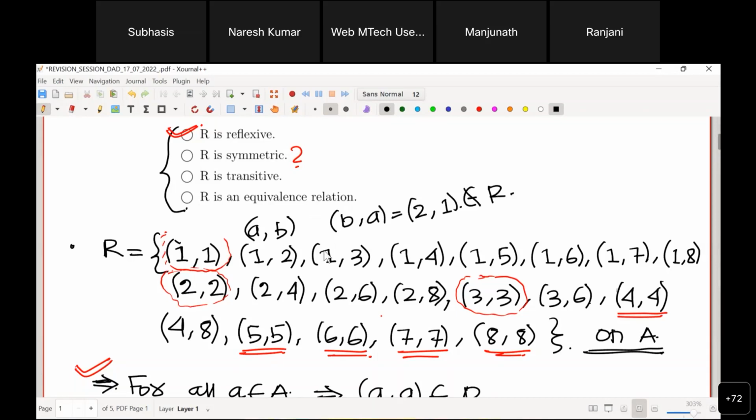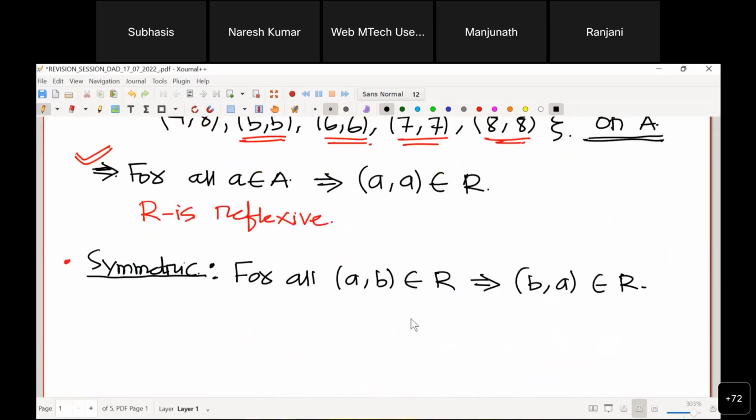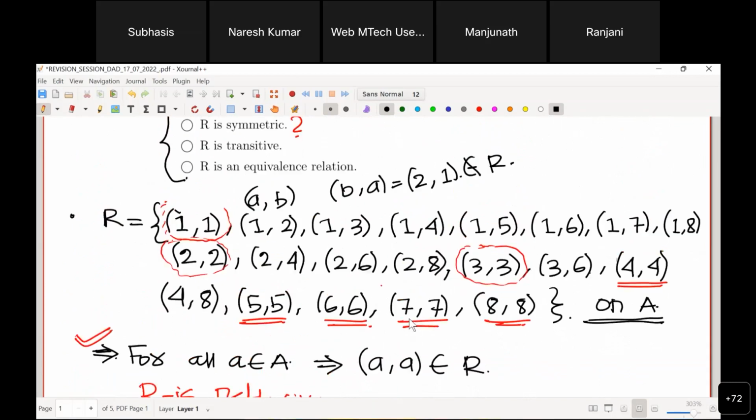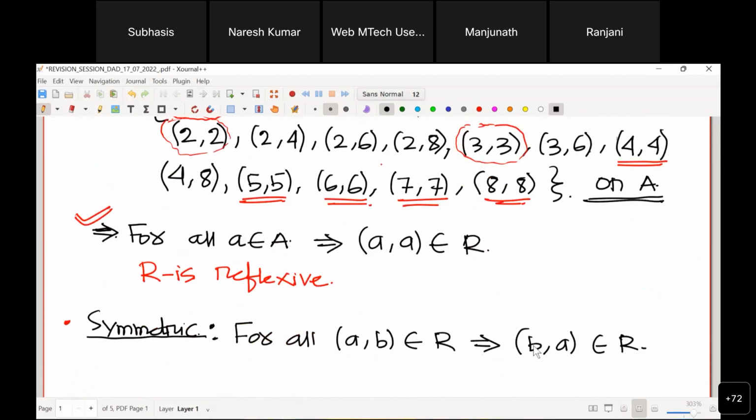So the symmetry condition does not hold for this element, and I can give you at least one element of R where this condition doesn't hold.